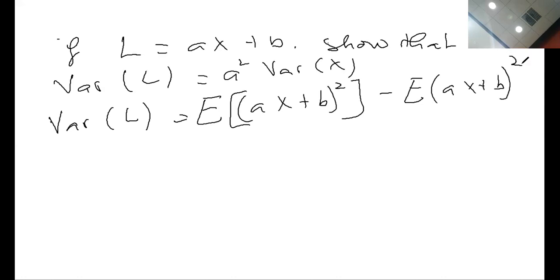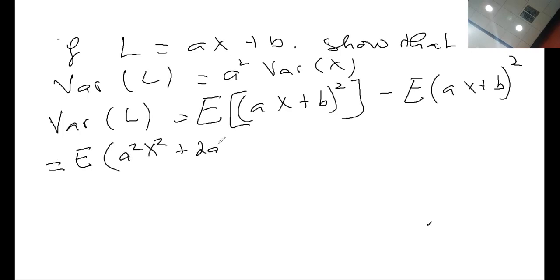By definition, a variance is E of x squared minus E of x squared, if you can understand the difference. The first one is E of x squared, the square is in the bracket. The second one, the square is out of the bracket. If we have that, then this will be equal to E of a squared x squared plus 2abx plus b squared.